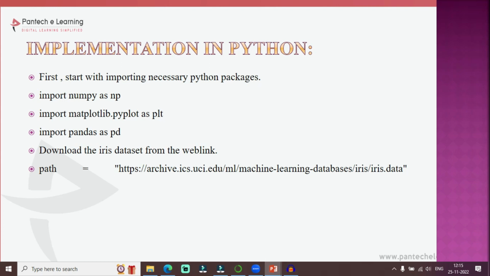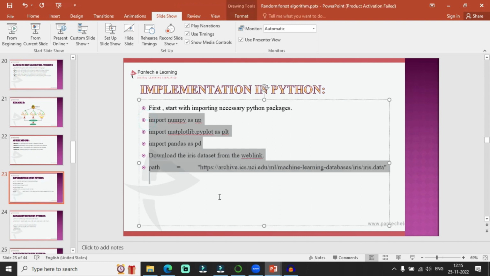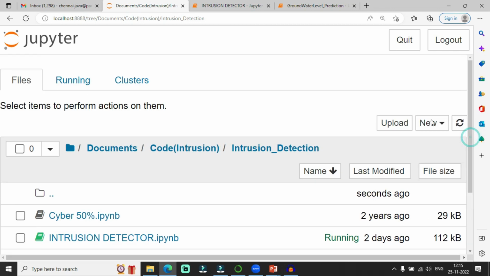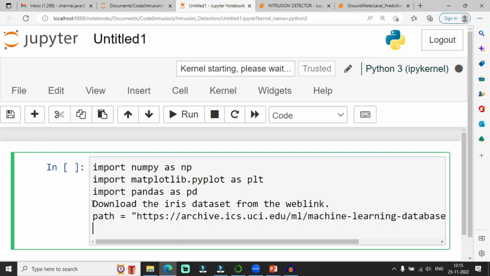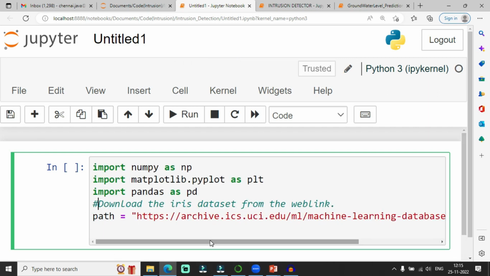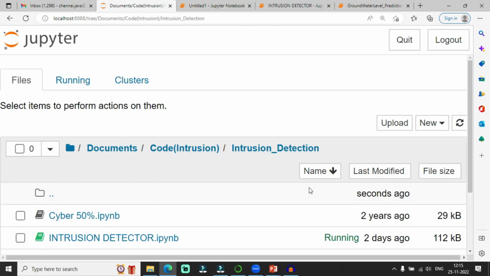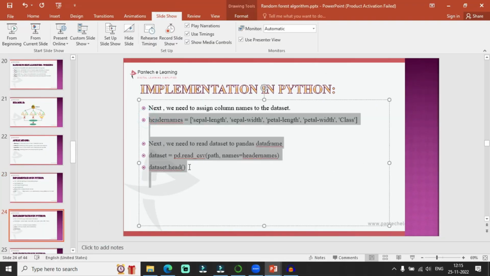Firstly, I will show you a brief implementation of this algorithm. Alright, 1 minute.